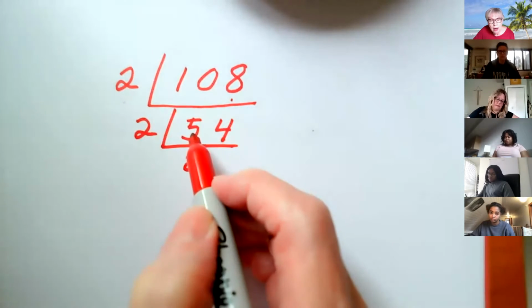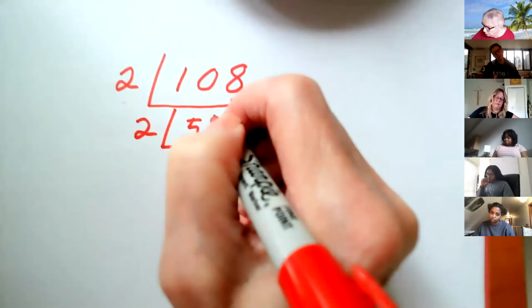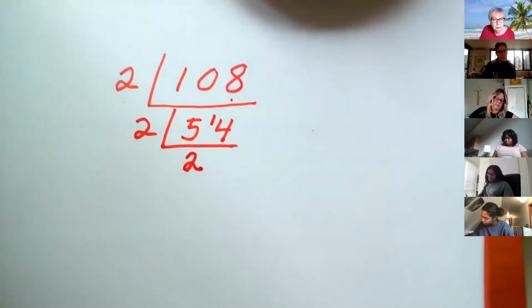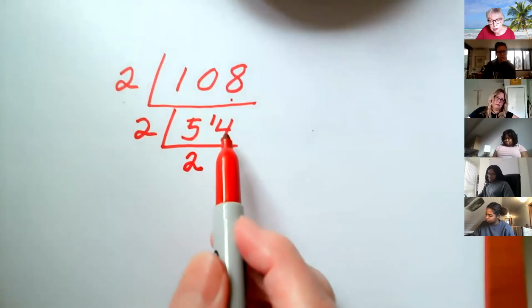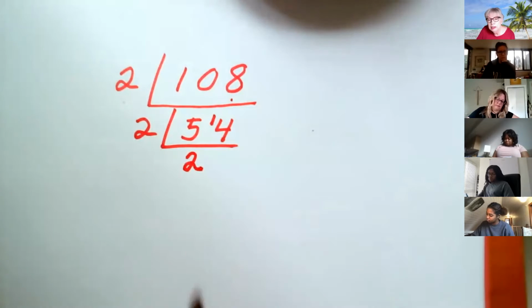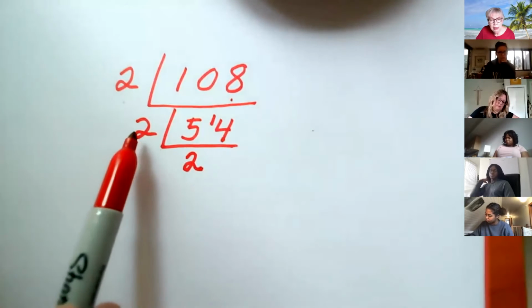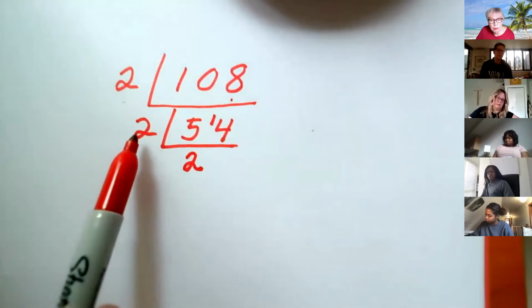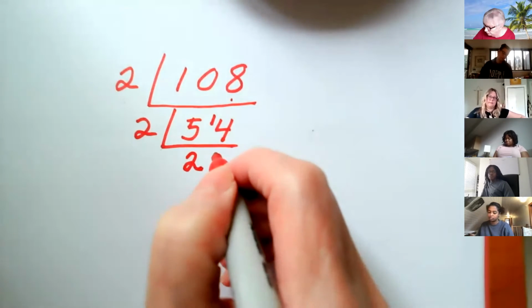Now, with a 5, there's 1 left over, and I'm going to put the 1 left over here. And I'm going to read this as 14. So this is short division. And if this doesn't appeal to you, if it seems too much, you might do it another way. But I'm going to show it this way. It's not too bad. 2 into 14 then is 7.